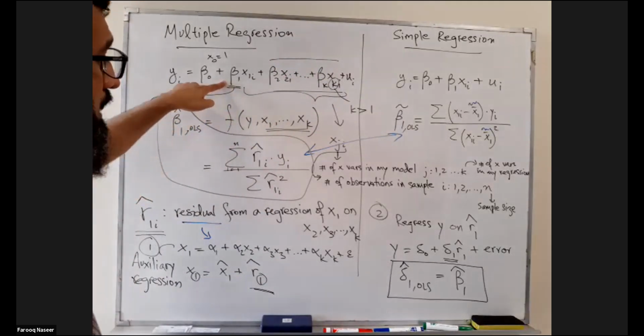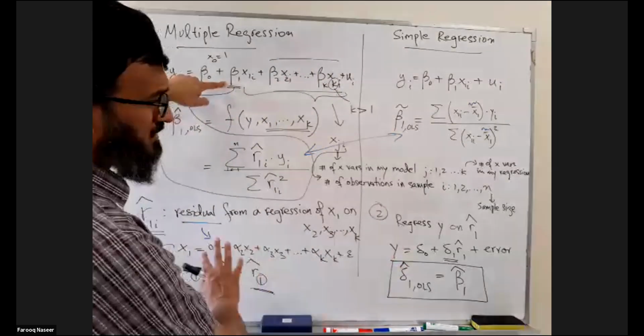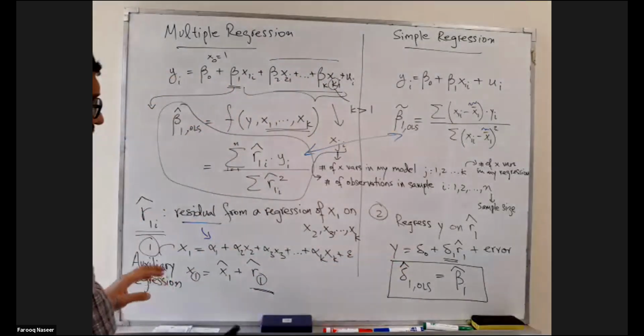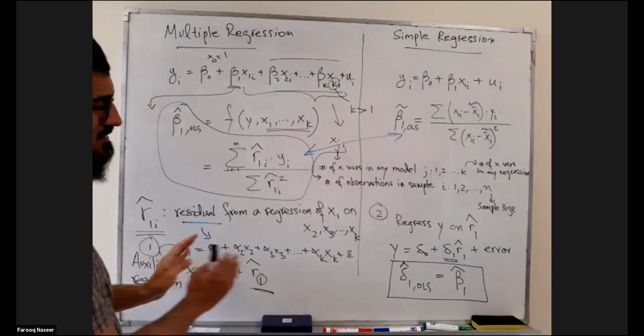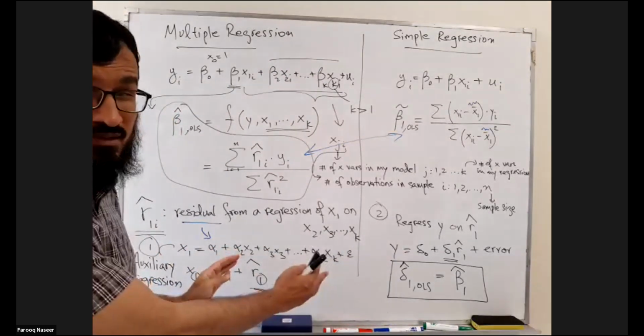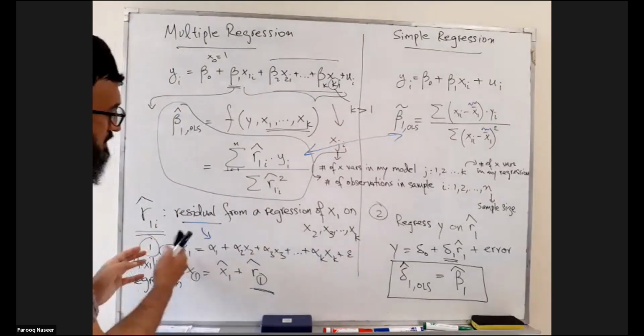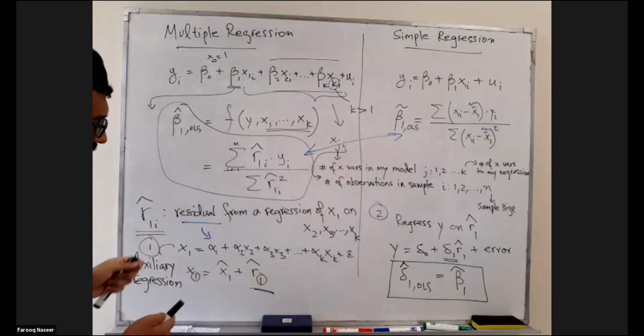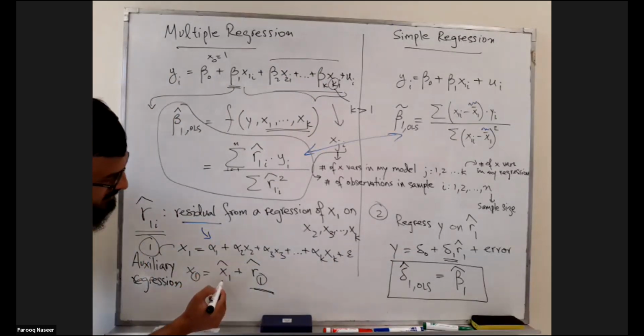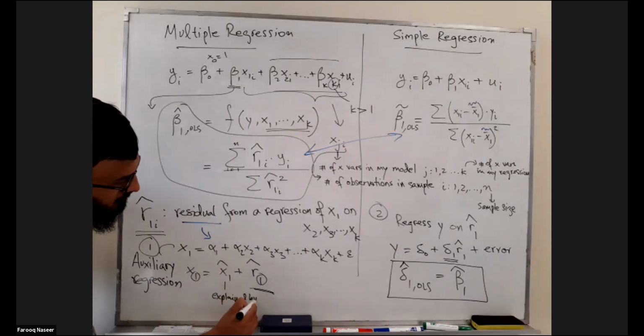So if you think about this two-stage procedure, first of all, it regresses x1 on these new x variables and removes their effect from x1. So there is a part of x1 that is explained by other explanatory variables, right?